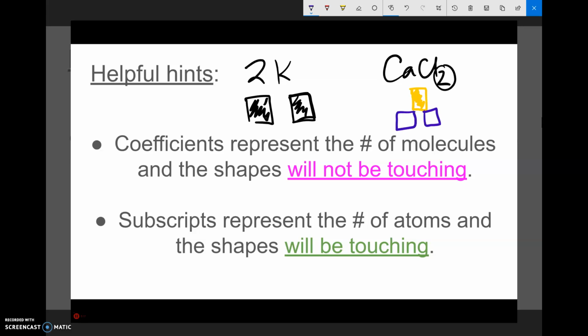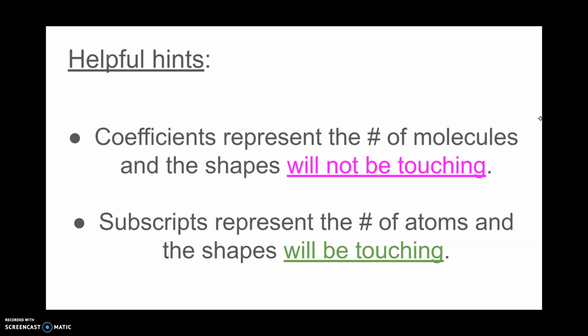These will all be touching because they are a formula, and there's 2 or more atoms, so they're going to be touching. Okay, so hopefully that will help with that scenario about what the shapes are doing when we're having a molecule or subscripts.